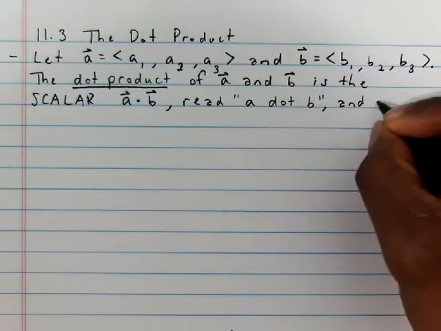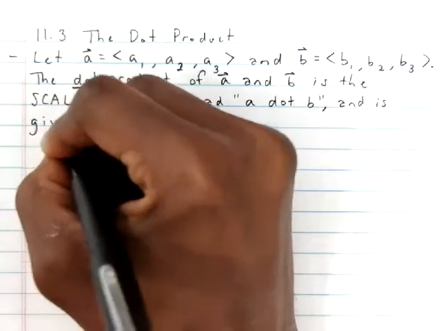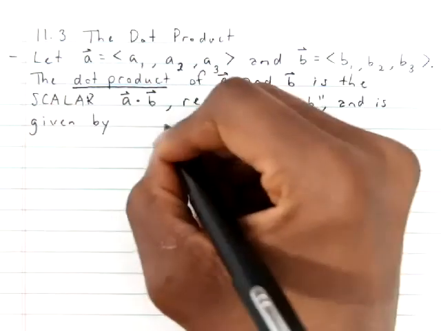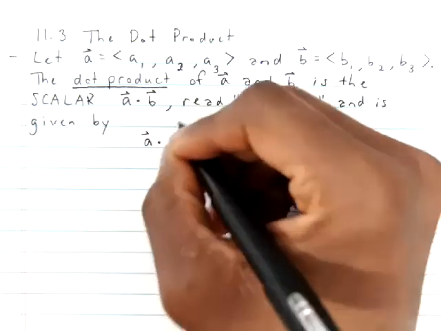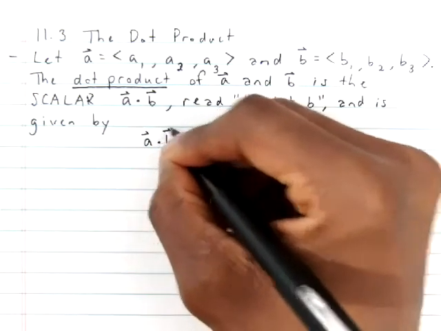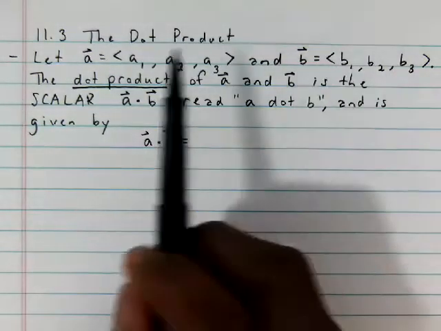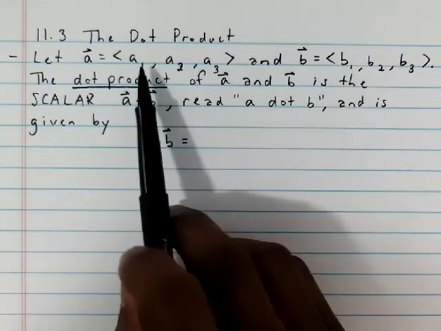And it's given by A dot B equals, now how do we compute the dot product? What you do is you're going to take the corresponding components of the vectors, which these are numbers, so we're just going to multiply those.